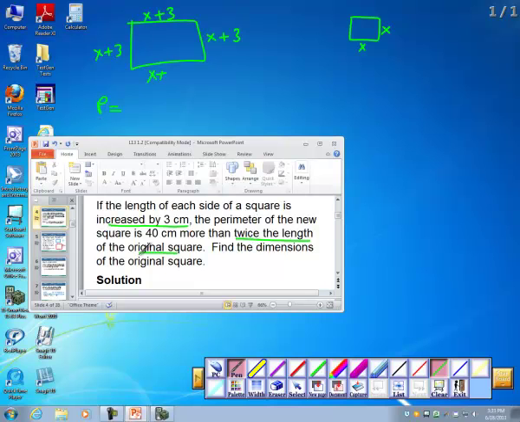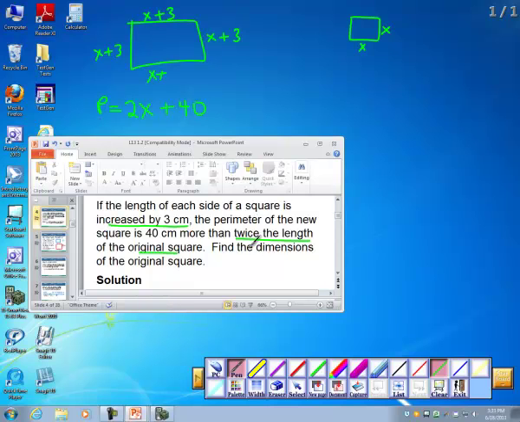Let's look at the multiplication part first. Twice the length of the original square, what's that? Since the length is x, that would be 2x, right? But we're saying 40 more than 2x. So it would be 2x plus 40.